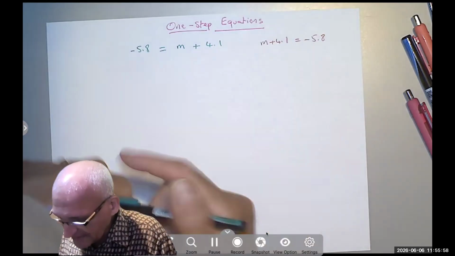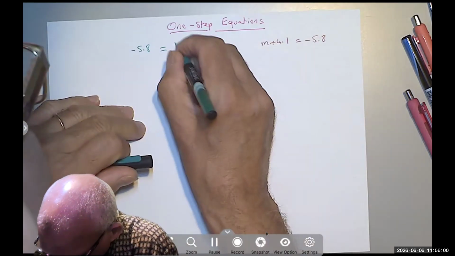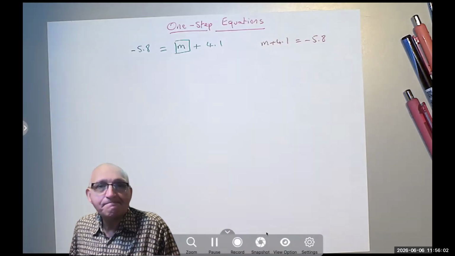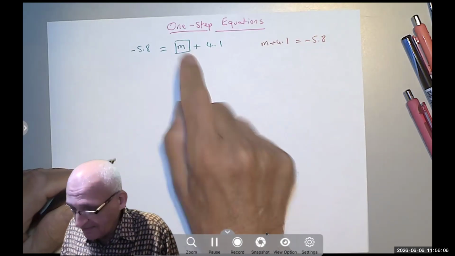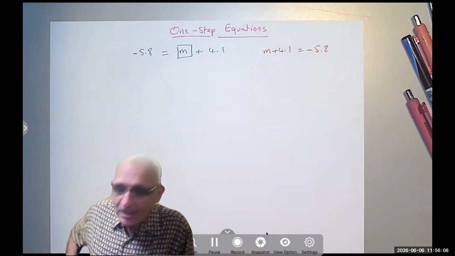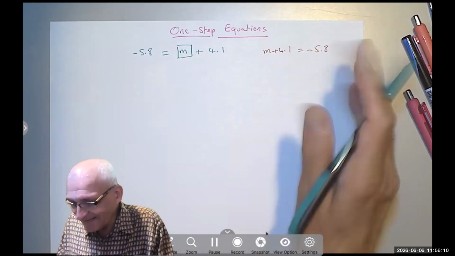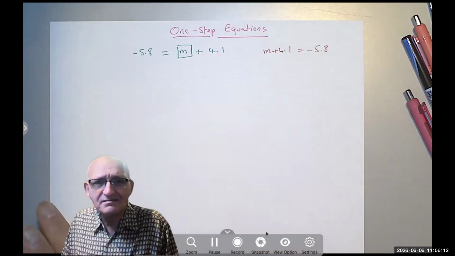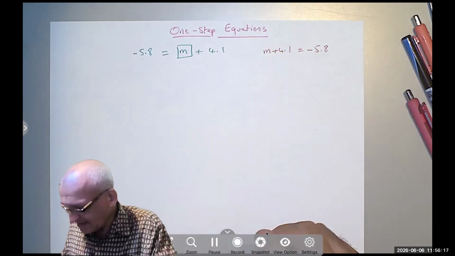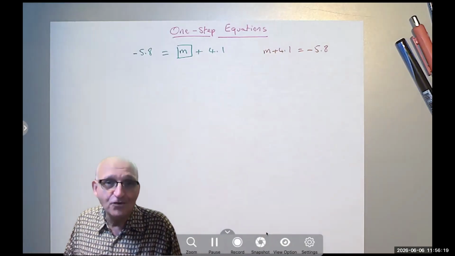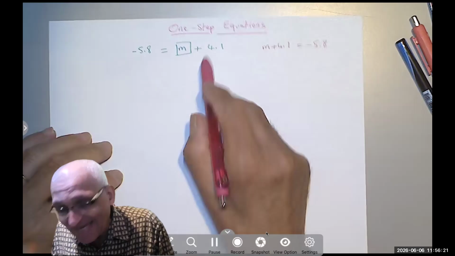So here I am solving for m. Oh, I'm lucky. I don't have m multiplied by anything. It's m by itself. So I want to get away from everything else. What is the everything else that we have? Yep, absolutely, the 4.1. And it's added.